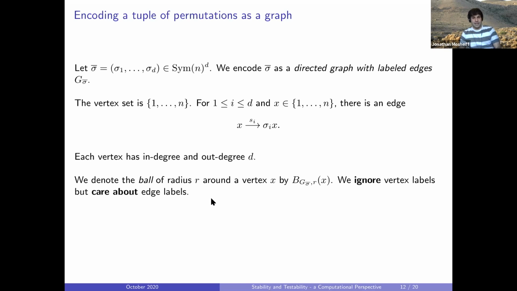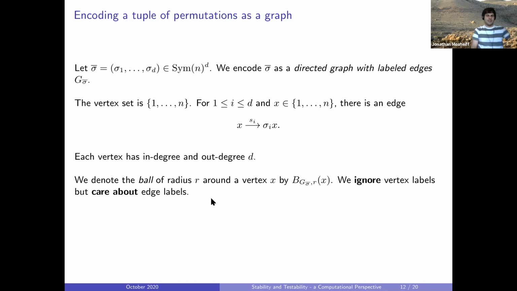This is going to be the ball of radius r around some given vertex x, and just because this is a directed graph, there's some ambiguity here, which I'll explain. In this ball, I'm also going to be walking backwards on edges. So think of these balls as being sampled from the graph when we think of it as being undirected.